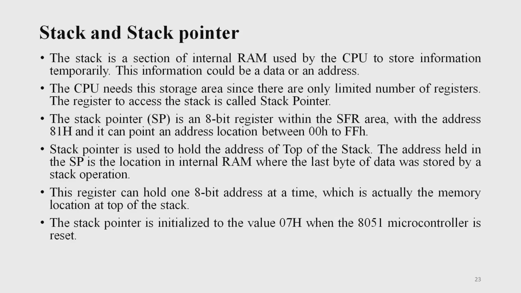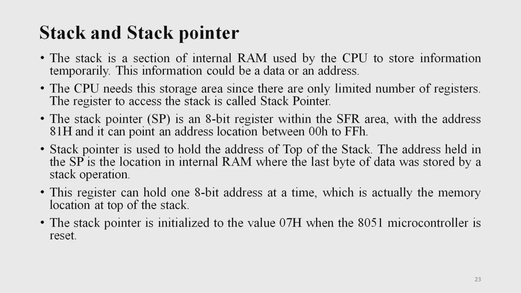The register used to access the stack is known as the stack pointer register, abbreviated as SP. This stack pointer register is an 8-bit register, and it can be addressed within the special function register area with the address 81H. You can point to an address location from 00 to FFH.